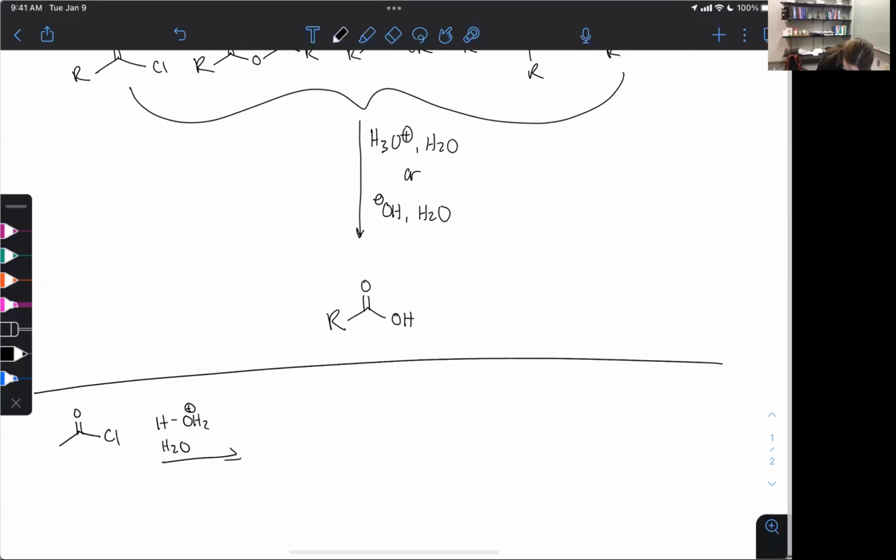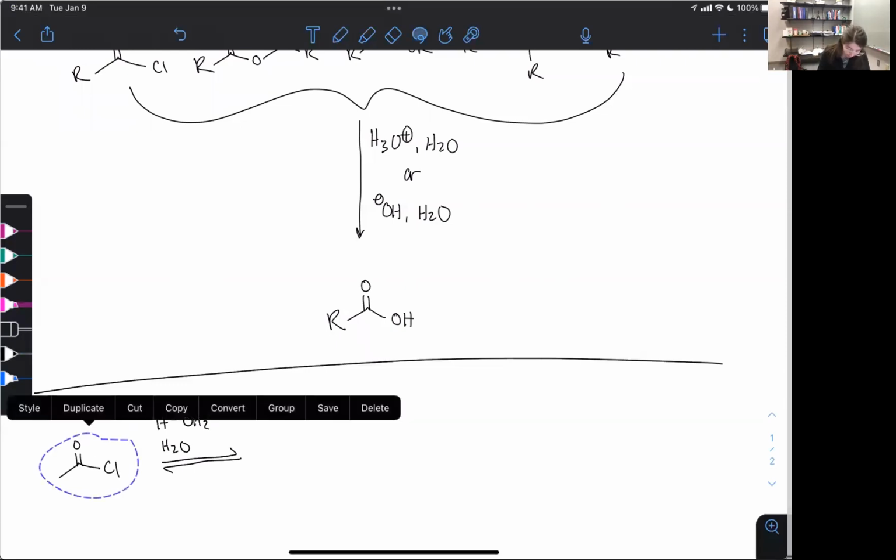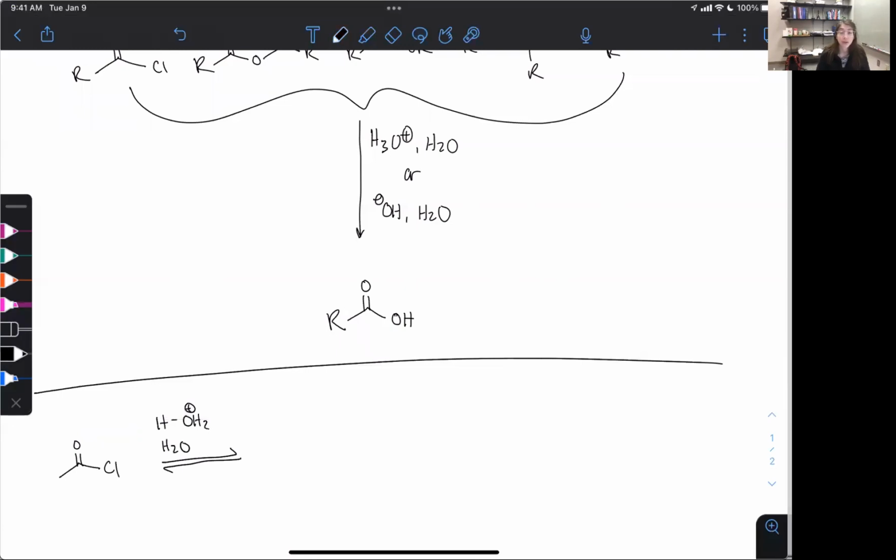Okay, so we've got acid and water. I'm going to try to keep track of my arrows in terms of whether or not I have equilibrium, and we'll talk about what's going on with those throughout. For the acidic ones, we have a lot of equilibrium. For the basic ones, we will have some less. We'll talk about that when we get there.